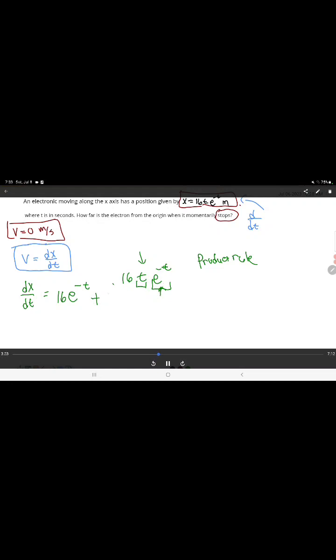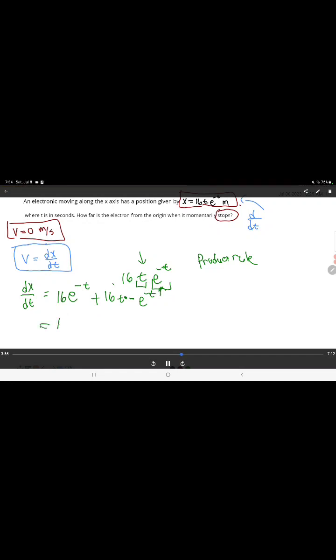Technically we need the chain rule here, but it's simple enough that you take the negative in front of the t and pull it down, and you just get back e to the minus t. So doing this, I have 16 e to the minus t minus, because that minus sign is going to multiply everything, minus 16t e to the minus t.